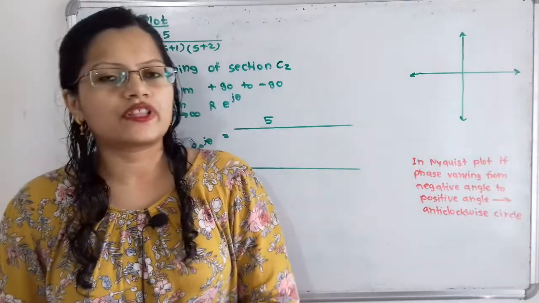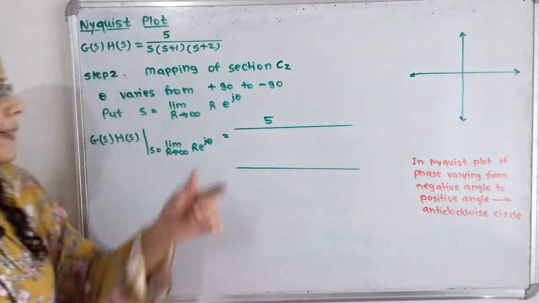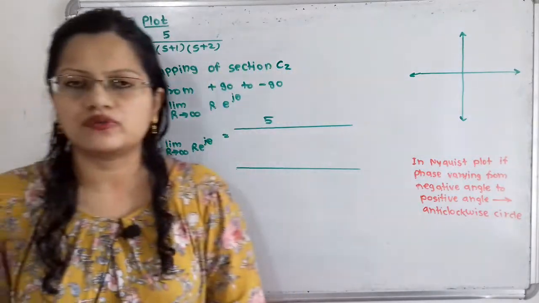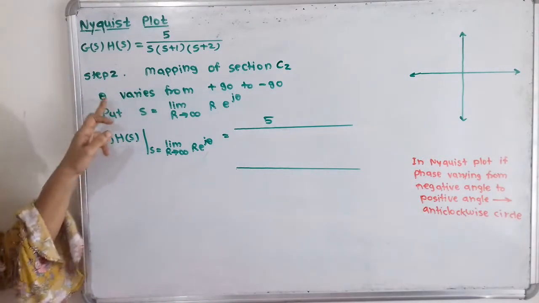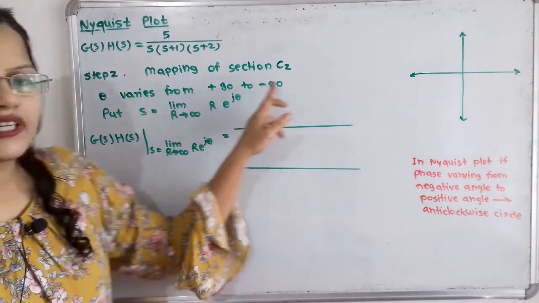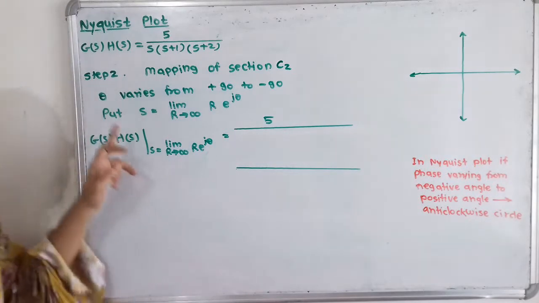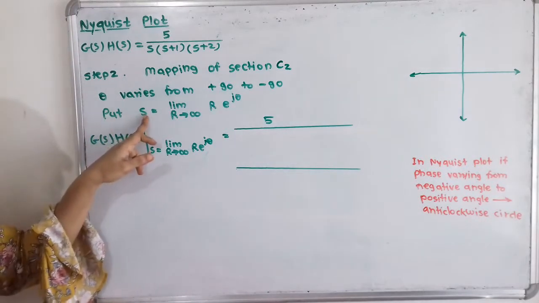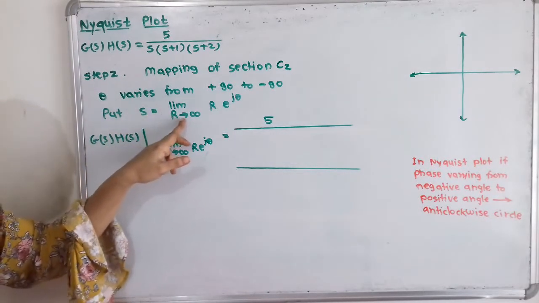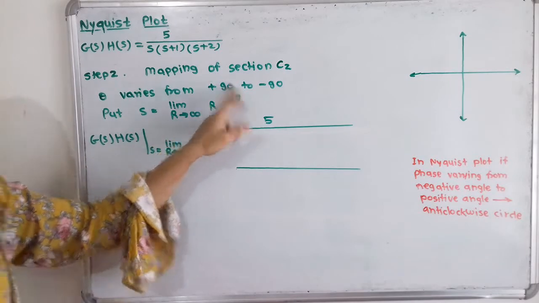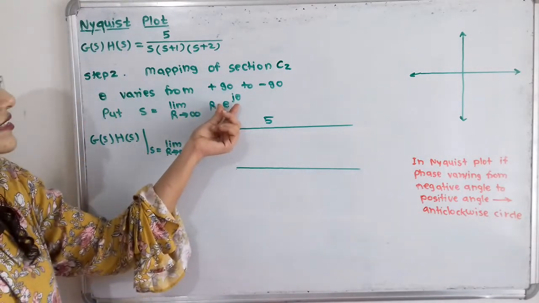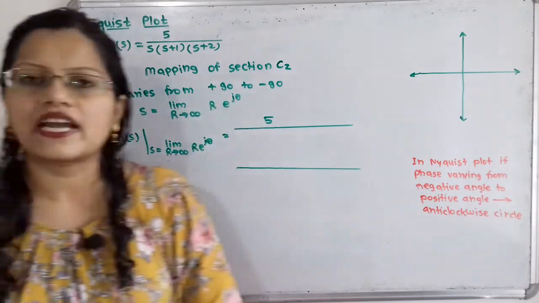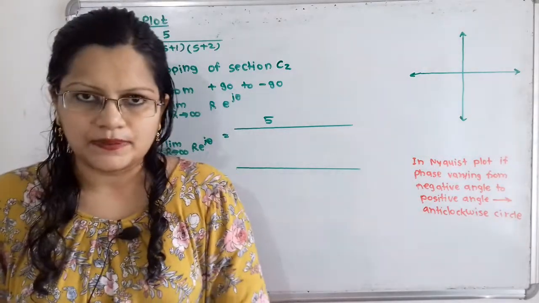Now we will move for the step 2. Here mapping for section C2. So what we know about the section C2? That is theta varies from plus 90 to minus 90 degree angle, and we have to put S is equal to limit r tends to infinity r e raised to j theta, where r indicates magnitude and this e raised to j theta indicates the phase angle.